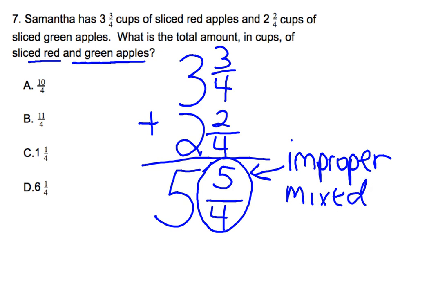The 5 wholes right here is fine. But we need to change 5/4 into a mixed number. So I am going to do division because it's 5 divided by, that's what that symbol means, 4. So 5 divided by 4.